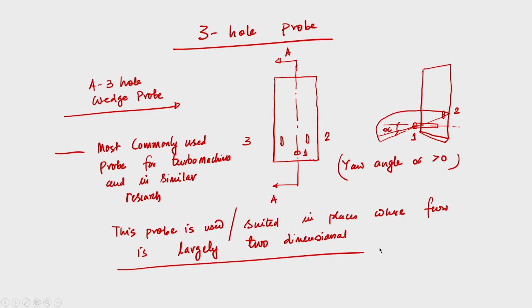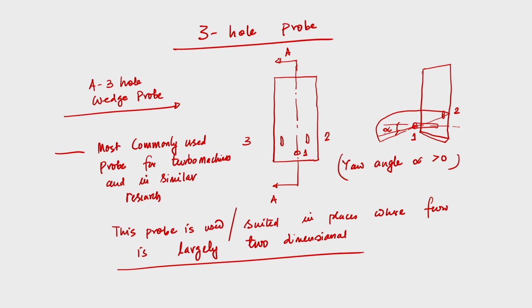One typical example is a multi-stage axial turbo machine where the hub-to-tip ratio is large. As I said, we can take the assumption that one direction is orders of magnitude larger than the other 2 dimensions, and we approximate the flow field as if it is 2-dimensional. In those places it is suited, but this is not the common scenario.